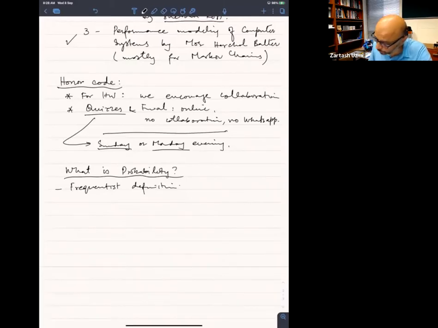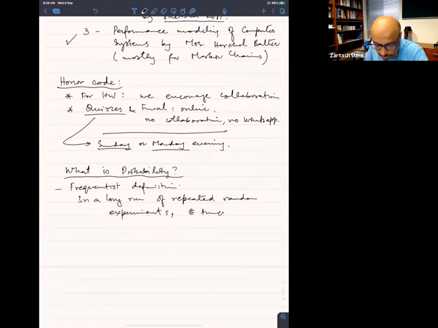So frequentist definition हमें ये बताती है कि in a long run of repeated random experiments, number of times something happens, that defines the probability. If something happens very, very rarely, so probability would be low. If something happens more frequently, the probability would be high. Okay.